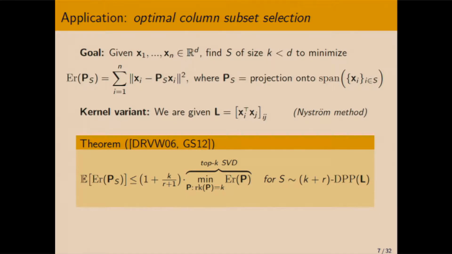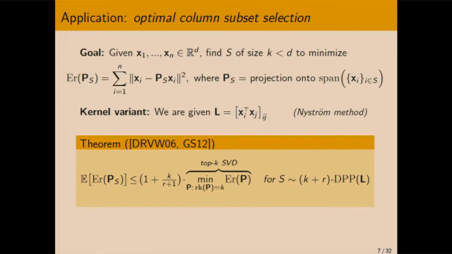We obtain that if we sample from a particular fixed size DPP, then we can show that the expected error of the subspace chosen this way is bounded in terms of, so this right-hand side is the best possible subspace we could find, which for this error corresponds to picking the subspace of the first k singular vectors of the data set.